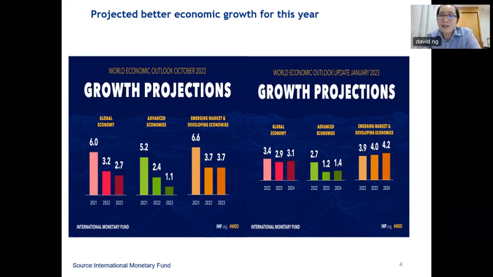So all these indications are telling you that the global economy, although we started the year with a more positive outlook, is going into the second half quite challenging, and that poses a narrative that supports gold prices. So it's really worth watching out. The second half of this year is going to be very interesting for the gold market.